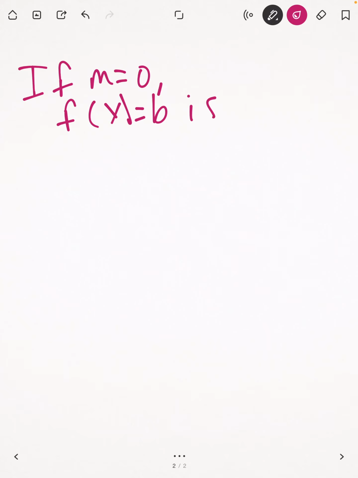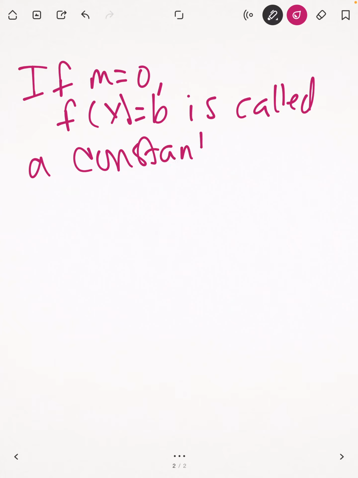A couple of special ones: if m equals 0, f of x equals b is called a constant function. In that case, b is our output regardless of our input value.